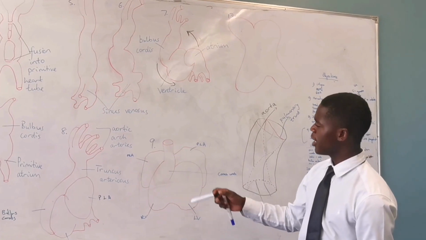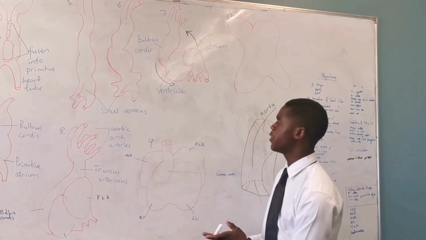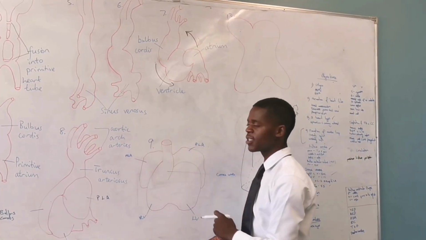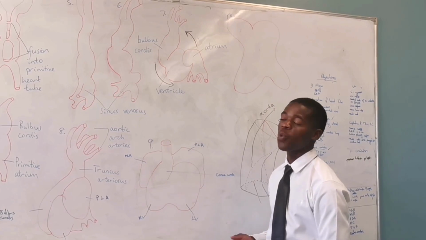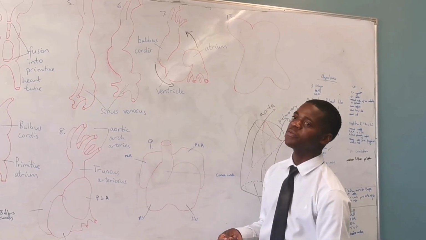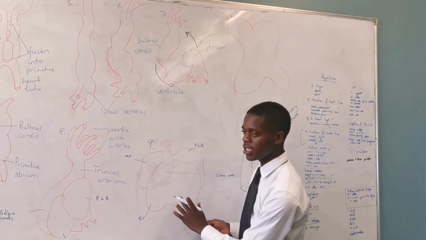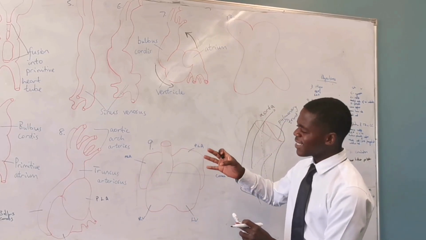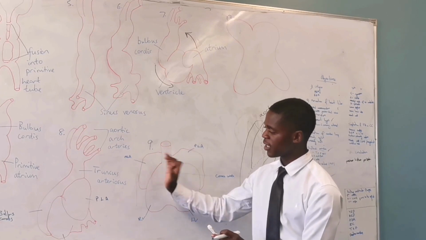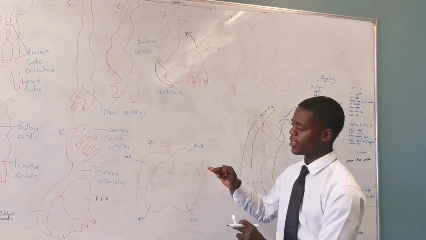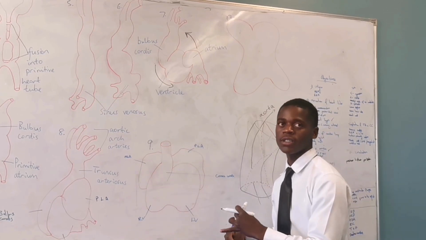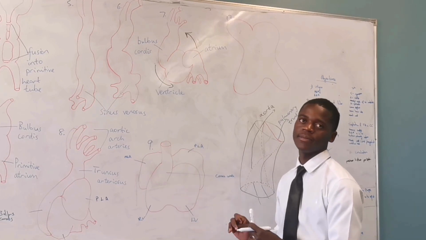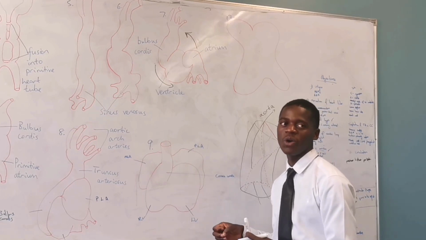Now that we're done with cardiac looping, we are referring to this as primitive right atrium and primitive left atrium. We have not yet formed the definitive right atrium and the definitive left atrium. So the stage at which we can differentiate this completely is going to be explained through the process of septation, which is what we are going to be moving on to.